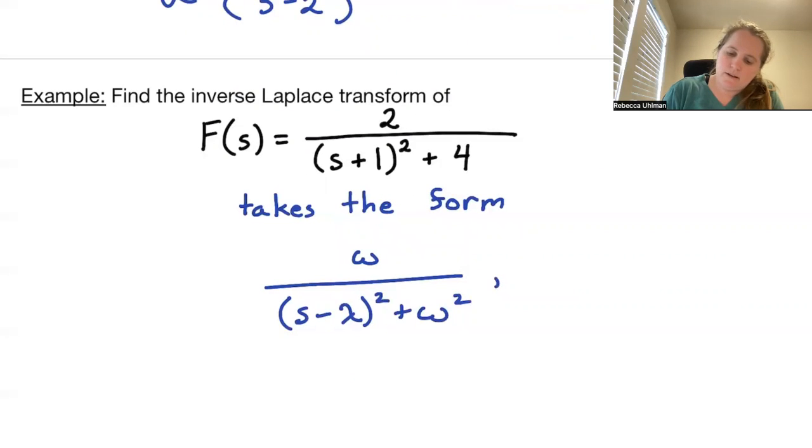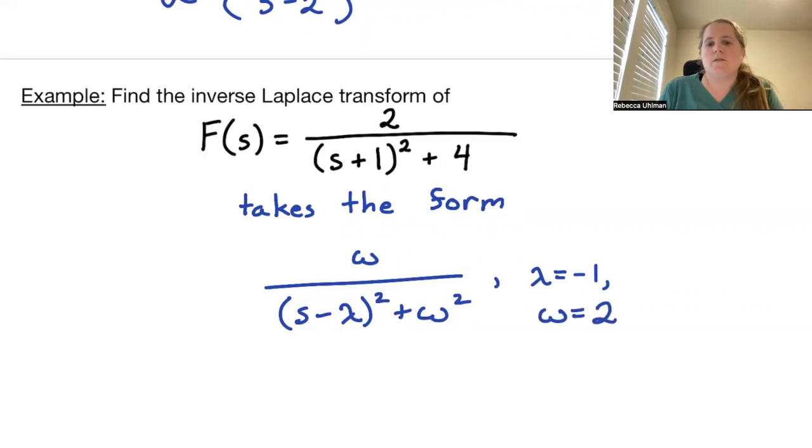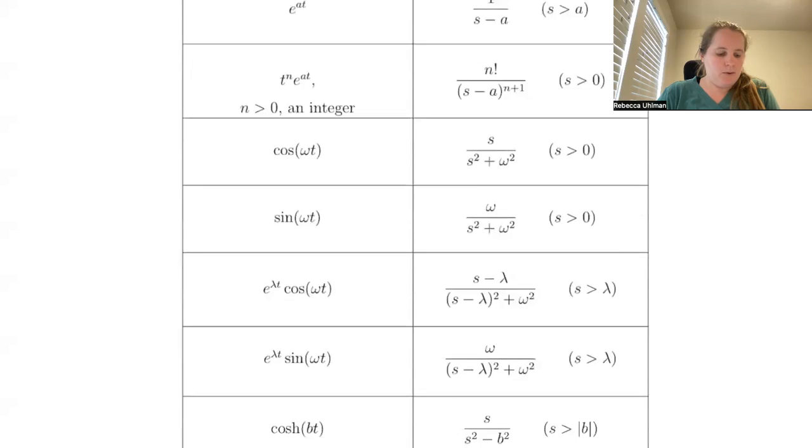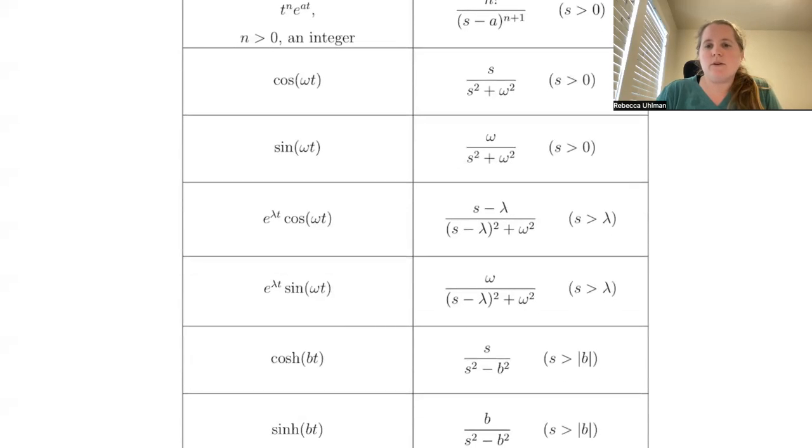Here we're taking lambda is -1 and omega is 2. If we look through our table of Laplace transforms, we do have an omega over s minus lambda squared plus omega squared. That corresponds to e to the lambda t sine of omega t.